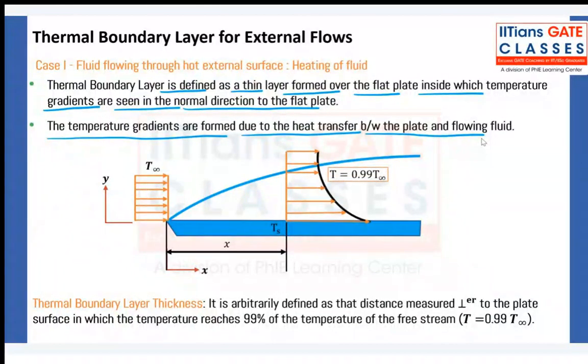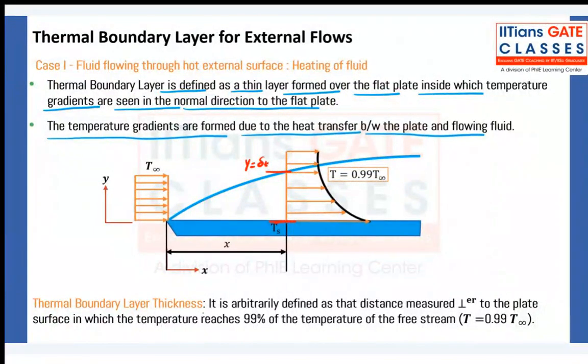Now, we know that at y equals 0, T equals T wall, and at a certain y, the temperature profile is hyperbolic. This one is hyperbolic, but one of them is parabolic as well. We are going to talk about that later. So when it is changing, here y equals delta T. This is the thermal boundary layer thickness, and here T equals 99% of T infinity.